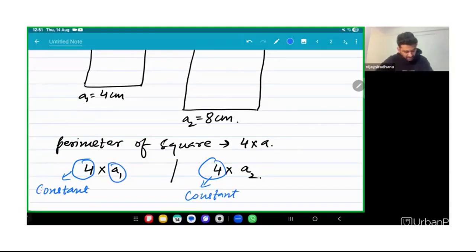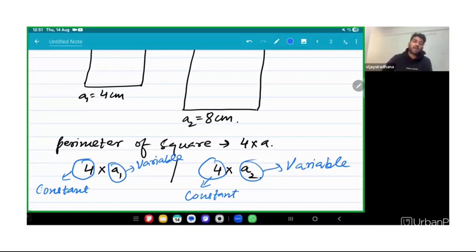And this A1 and A2, they will be the variable, right? So this is what the variable and the constant is all about.